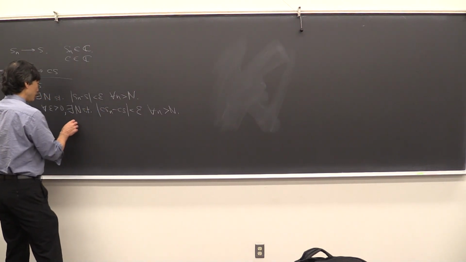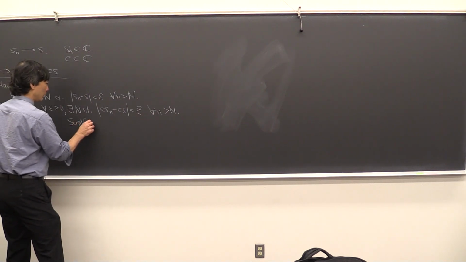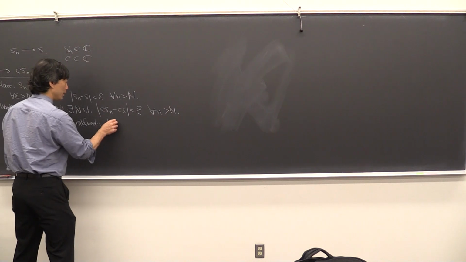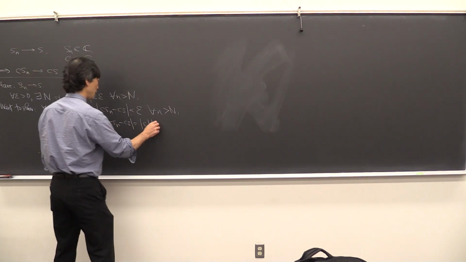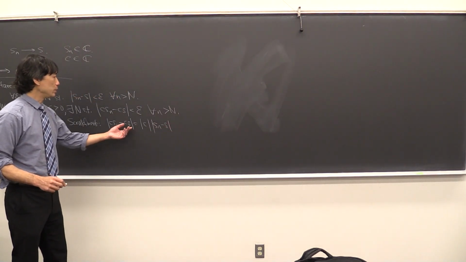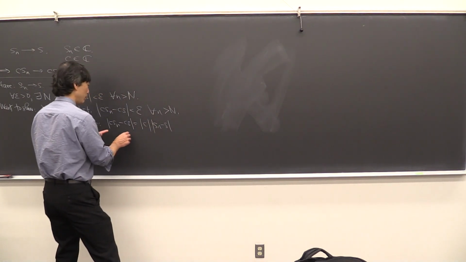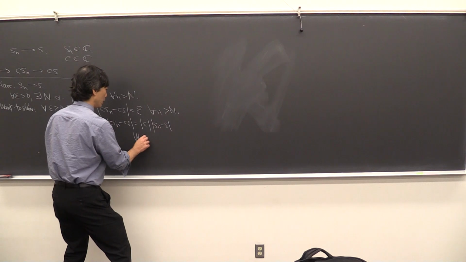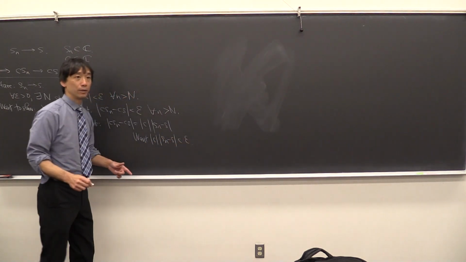So, some scratch work. You say, well, look, this thing is just the absolute value of C times Sn minus S, right? So we want this thing to be smaller than epsilon.